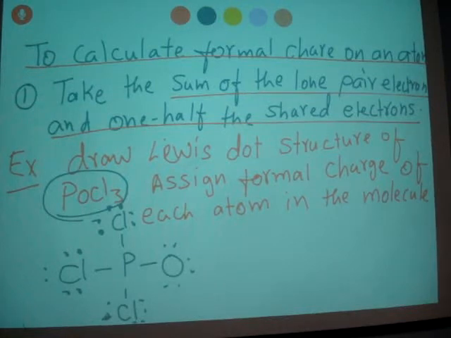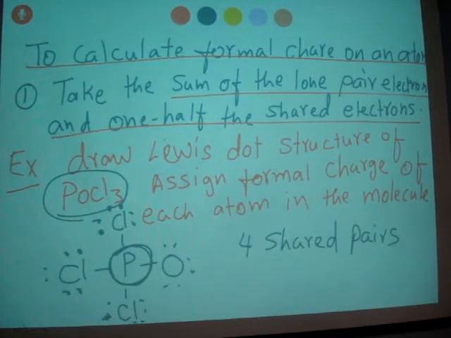Now first let's talk about phosphorus. Are there any lone pair electrons on phosphorus? No. How many shared pairs of electrons are there? 4 shared pairs.